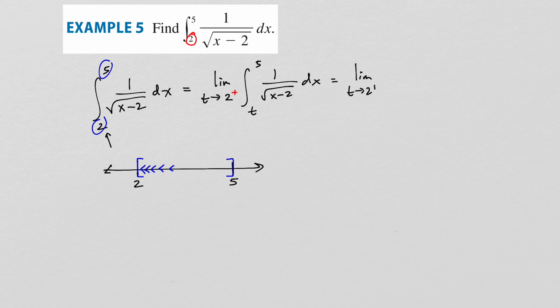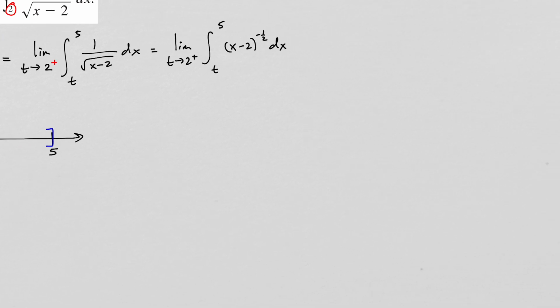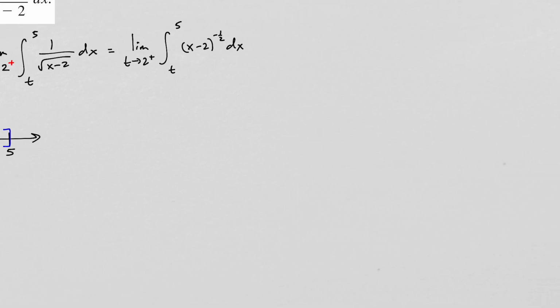So to integrate this, we're going to rewrite this as x minus 2 to the negative 1/2 power. To do the integration, I'm going to use substitution. When you integrate x minus 2 to the negative 1/2, we're going to let u equal x minus 2, du will be dx, and this becomes the integral of u to the negative 1/2 du.